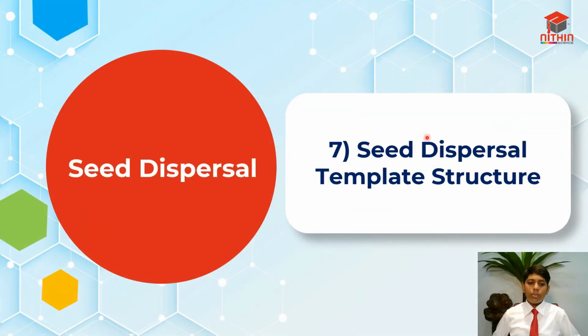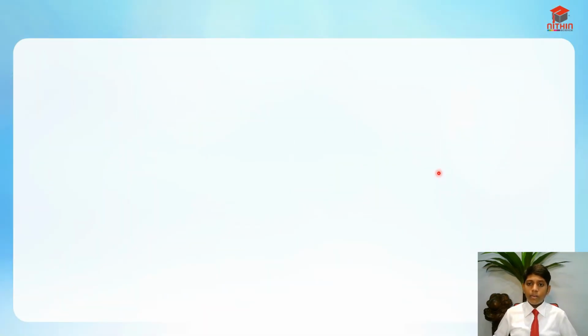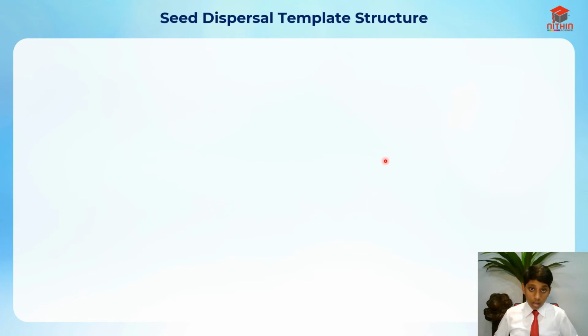Okay, so let me go through the seed dispersal template structure. Whenever an examiner asks about a seed dispersal question, you can basically answer the question with this template structure. Okay, so let's take a look at the steps.